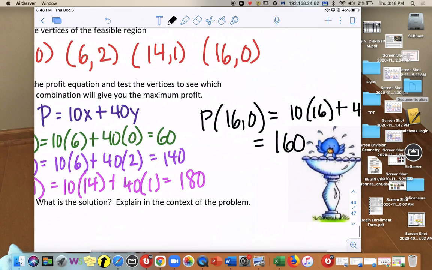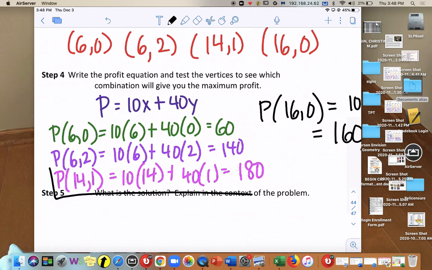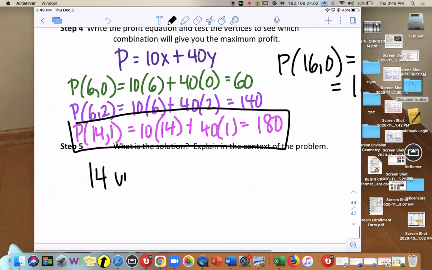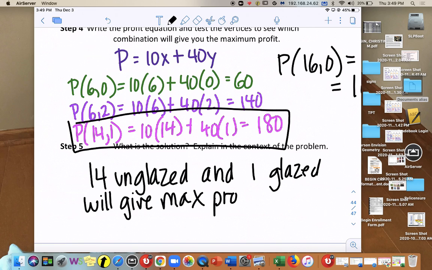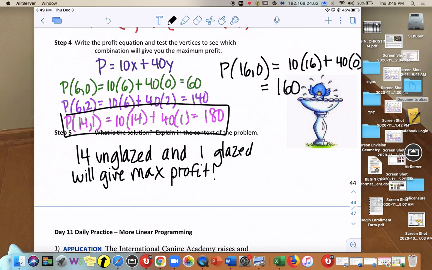And so we can see that this combination right here of 14 unglazed and 1 glazed will give us maximum profit. So that is the solution to our problem.